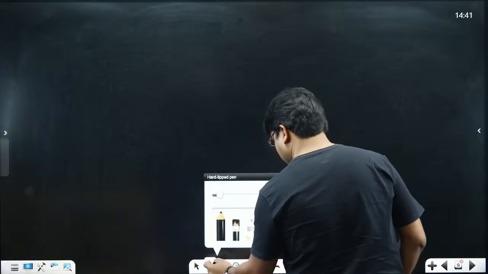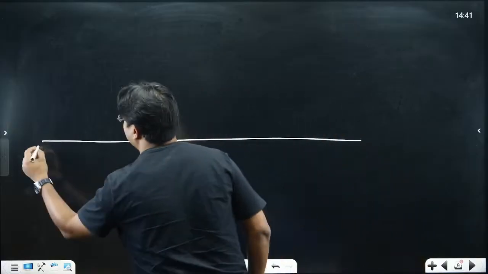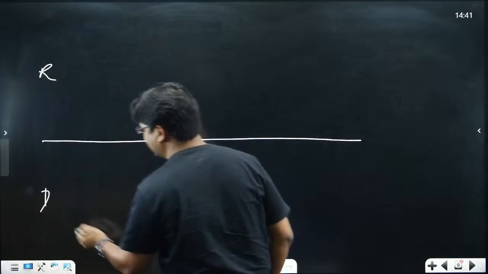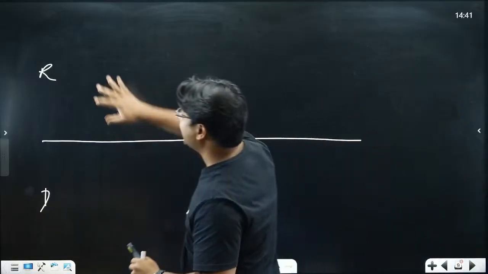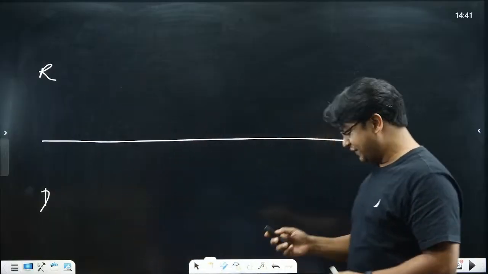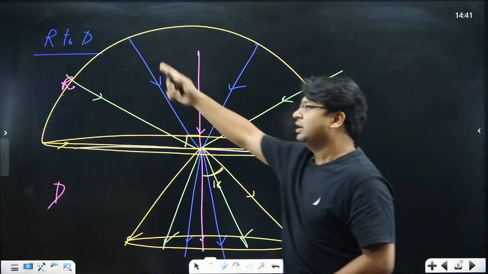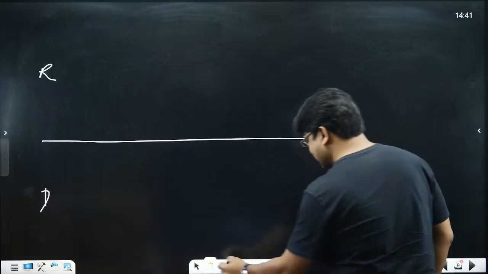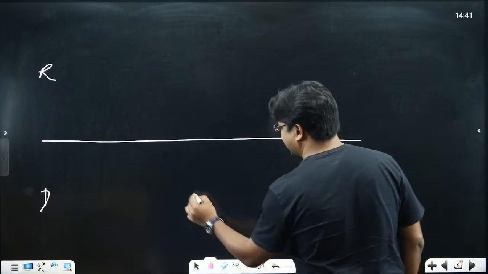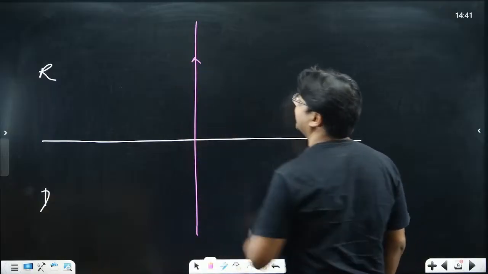Now what if we try the other way around? What do we observe in that case? Suppose we are trying from denser to rarer, so I will be sending the light from below. I'm keeping the rarer up and denser below so that we can compare the two figures. Here also rarer was upward and denser was downward. In this case again, if you start by sending a light ray normally, it will go undeviated.